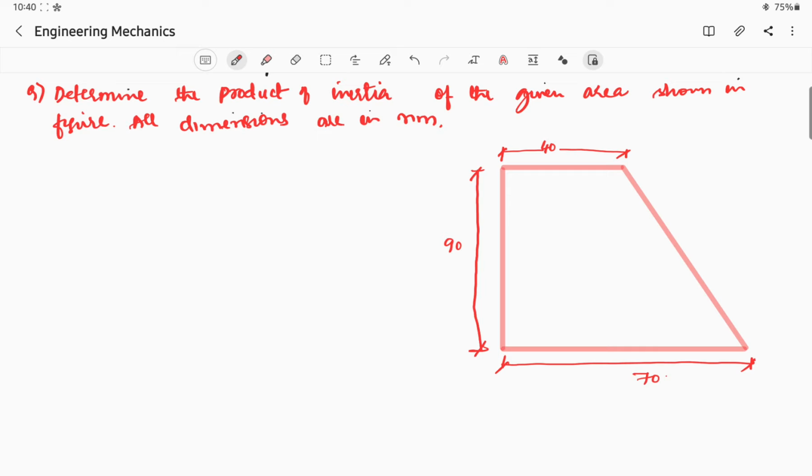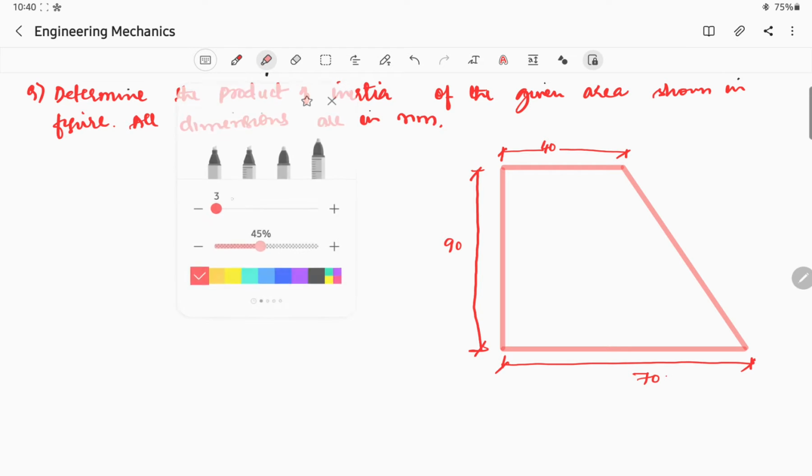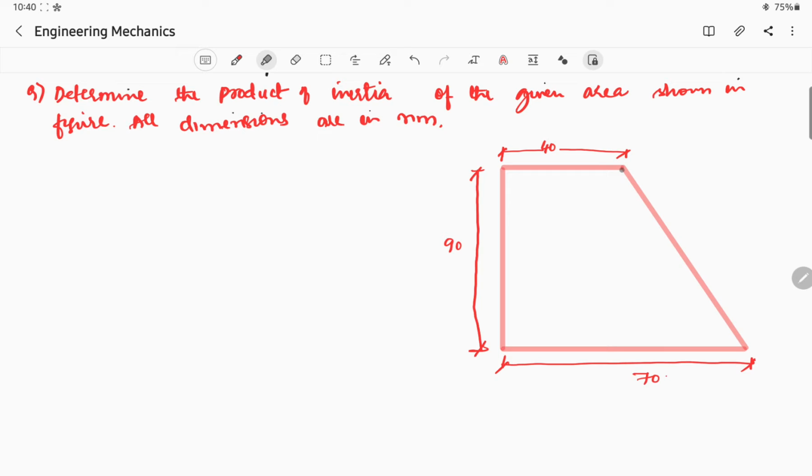All right, so to calculate product of inertia or moment of inertia, the first thing we need is area. Since this is a composite figure, not a regular figure, it is a combination of two regular figures. If you divide this figure into two parts, I'll divide it with a black pen, since this is not given in the question.